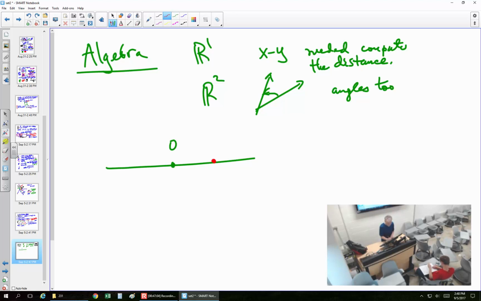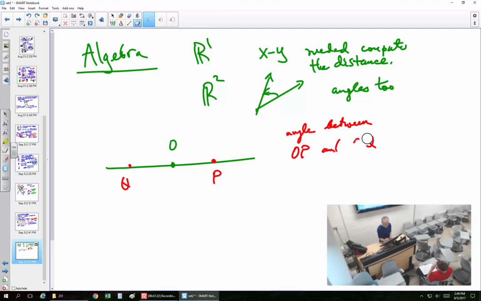If I have 2 points, say P and Q, then I could speak about the angle between OP and OQ.